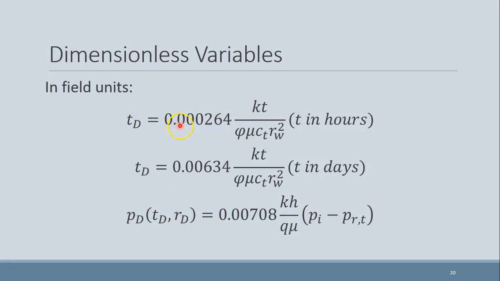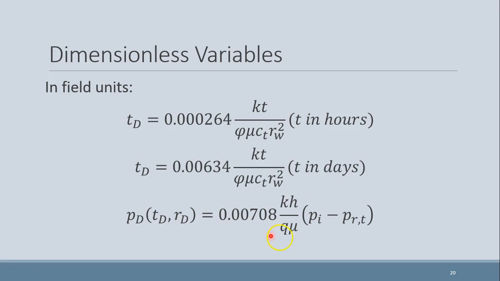TD is equal to 0.000264 kt by phi mu ct rw squared, where t is in hours. If t is in days, then the coefficient becomes 0.00634. And PD is written as a function of TD and RD because it is implicitly a function of dimensionless time and dimensionless radius.